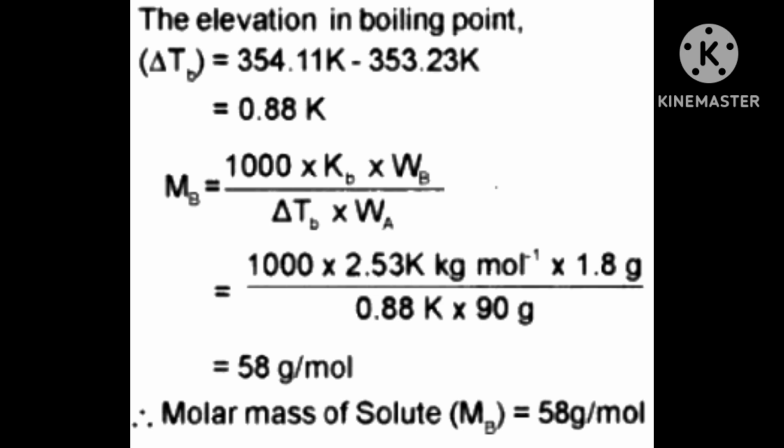If you draw the line parallel to the y-axis, the vapor pressure of both solution and solvent becomes equal at 1 atmospheric pressure. This diagram I will try to send also. Now I am stopping here. Thank you.